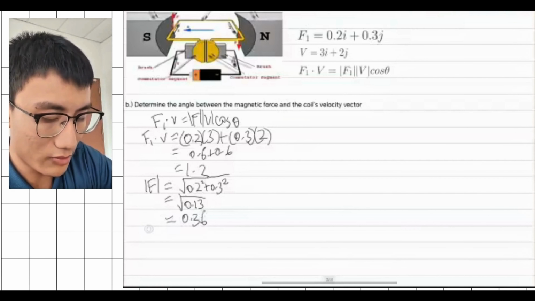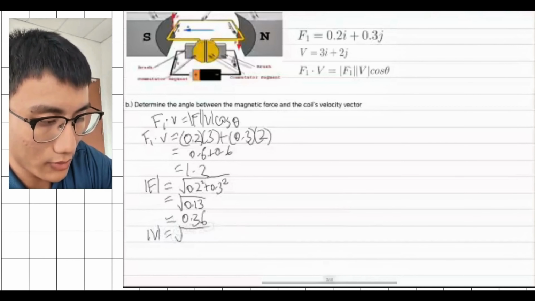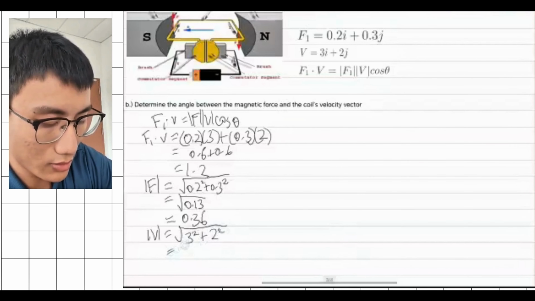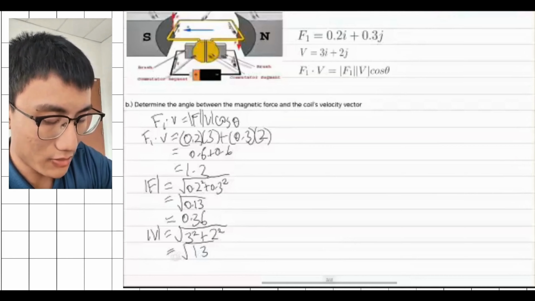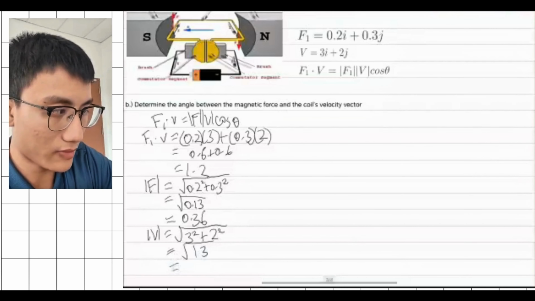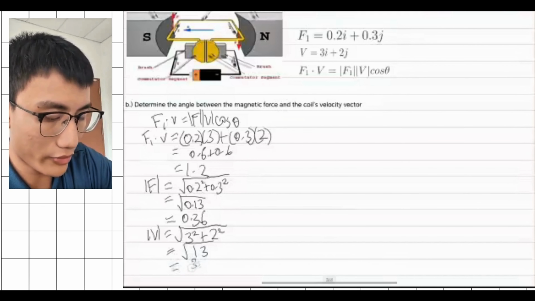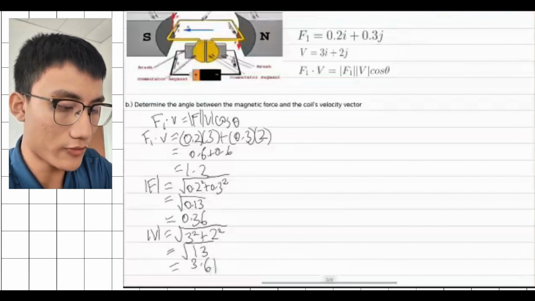And now for the modulus of V, given 3i plus 2j, it is the square root of 3 squared plus 2 squared. We will get the square root of 13, and lastly we will get 3.61. So now we have all the values.